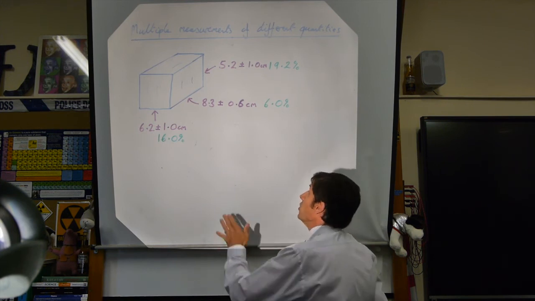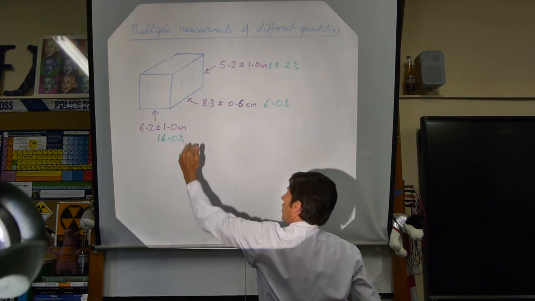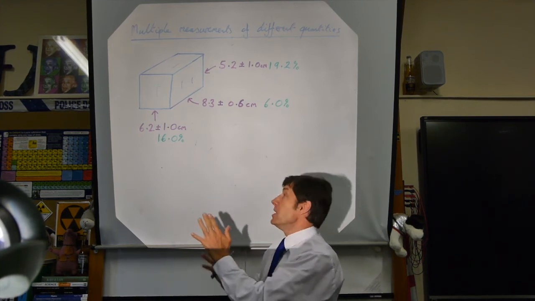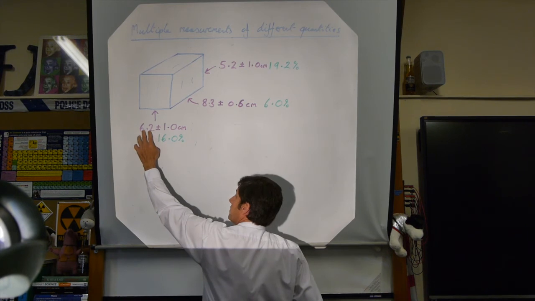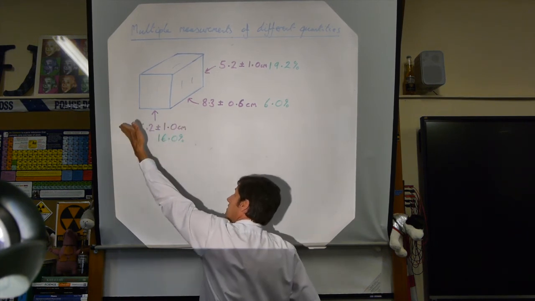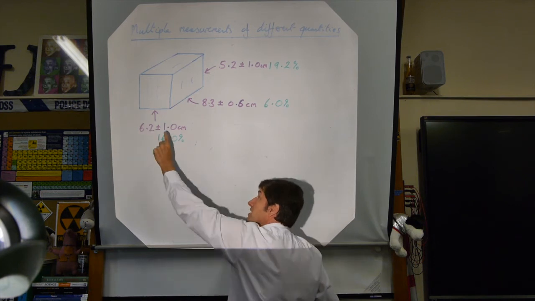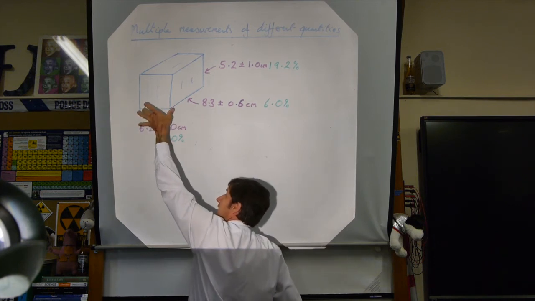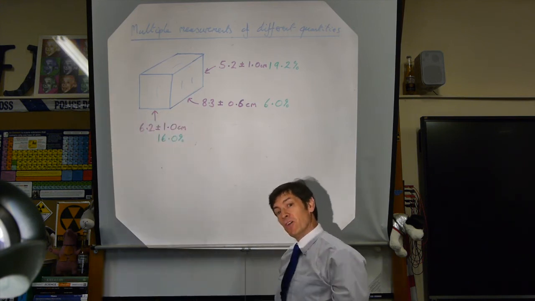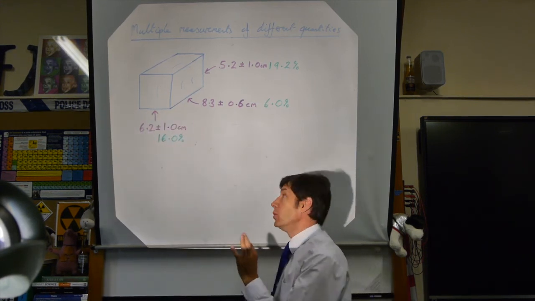So we know what the absolute uncertainties are. We know that these figures can vary between 1.0 centimetres bigger or 1.0 centimetres smaller, so there's a range that our data could sit within.